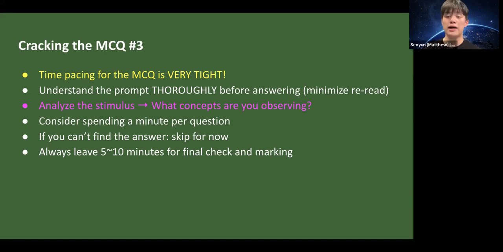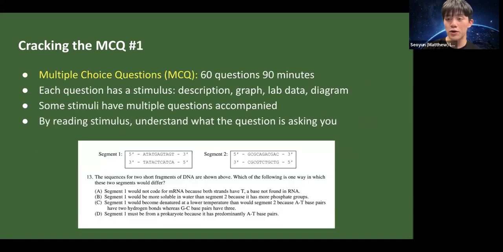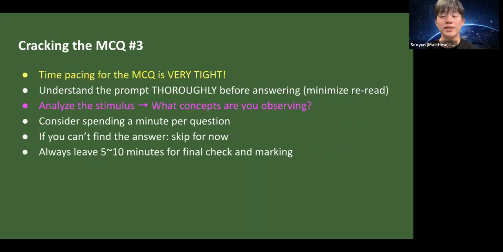For example, back to that DNA question, after analyzing the stimulus, you're able to have a generic guess that this will be something pertinent to DNA or genetic material. So you should have a basic understanding of what concepts you're observing in this particular question.